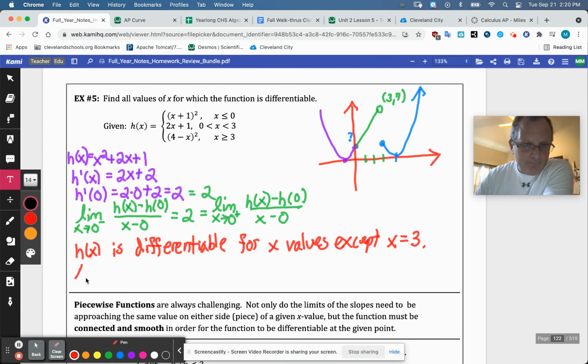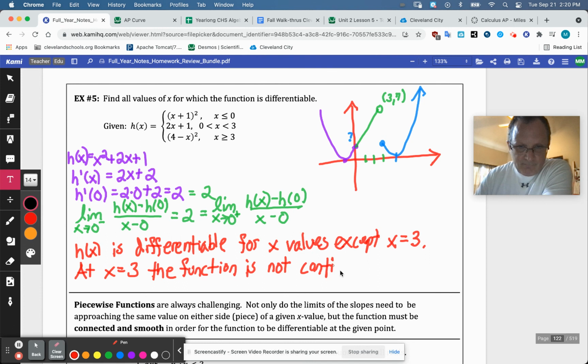At x equals 3, the function is not continuous. And that would be good enough because if it's not continuous, it's not differentiable. So I could say therefore not differentiable, but anyone reading that's going to know that you knew it. It's not differentiable at x equals 3 because it's not continuous. All right, so that works nicely.